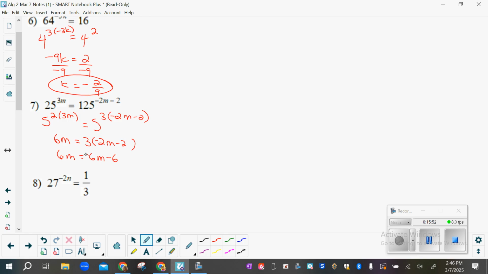That's right, add 6m. So I get 12m equals -6. Last step. And what does m equal? -1/2.